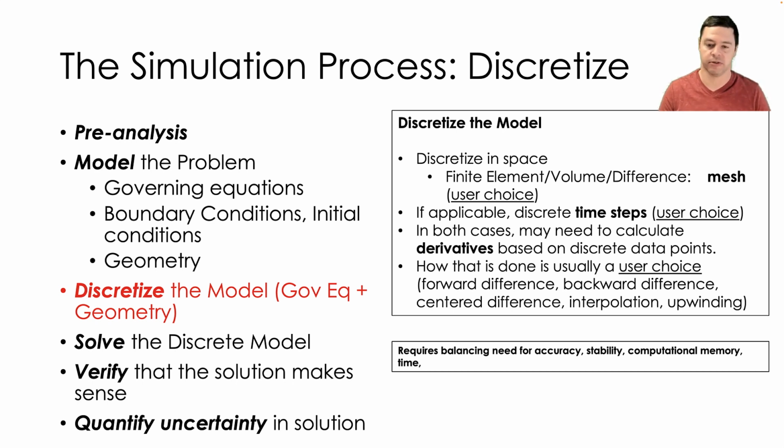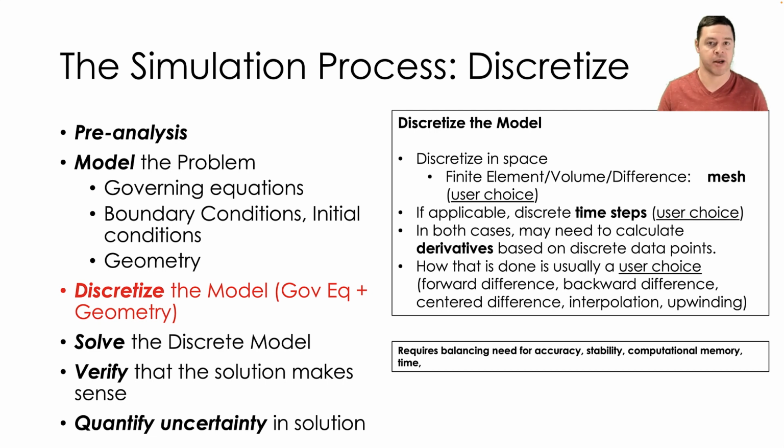The consequences of these things are often that they affect the accuracy of the model, but accuracy may not be the only thing you care about. In fact, a lot of times, especially in CFD, you're often interested in stability. Can I actually even get the thing to converge and give me a solution? For large simulations, you're going to care about computer memory, and you're going to care about computer time, like how long it takes to actually get that solution.